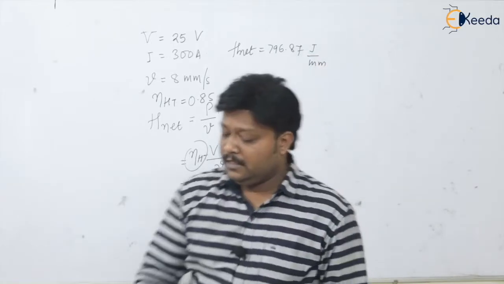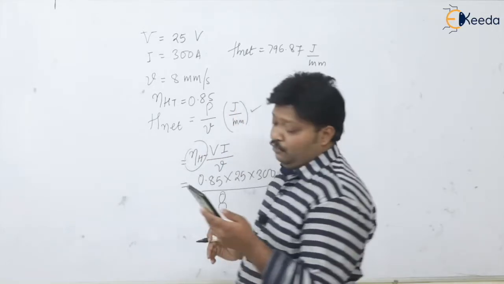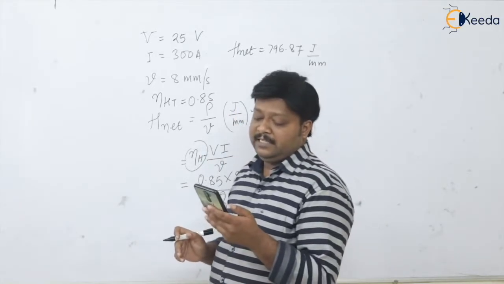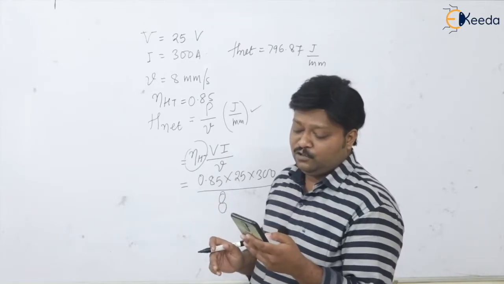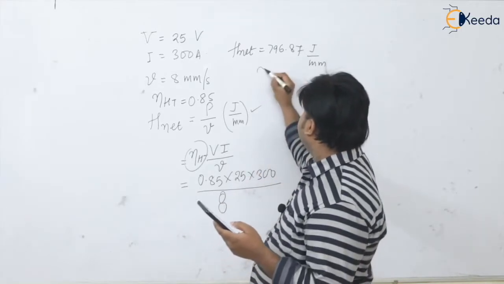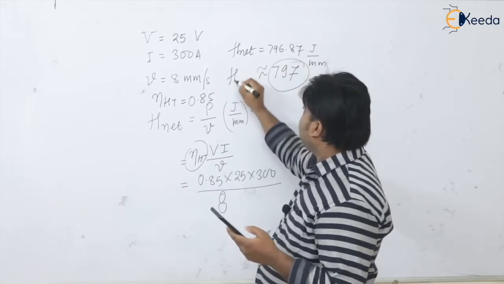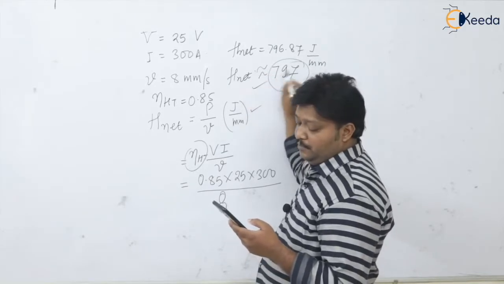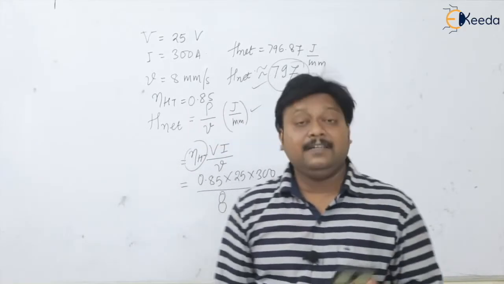Very important. And in the options, what are the options? 64 joules per mm, 797, 1103, 79700. So yes, it is nearly around 797 only, isn't it? So this is the correct option. Option B is the correct answer, 797.